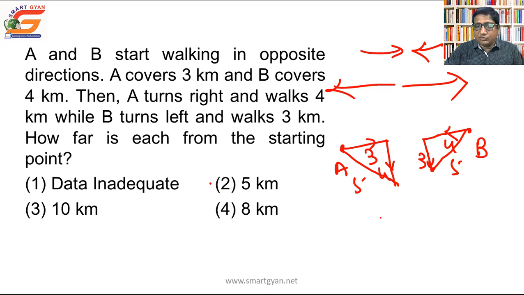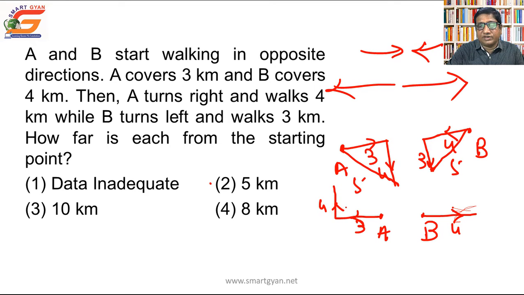Suppose here is the point, this is A and this is B. Then A covers 3 kilometers. B covers 4 kilometers. Then A turns right and walks 4 kilometers.